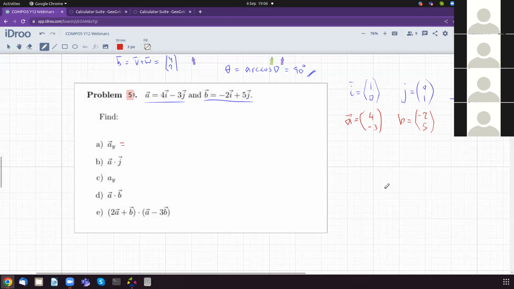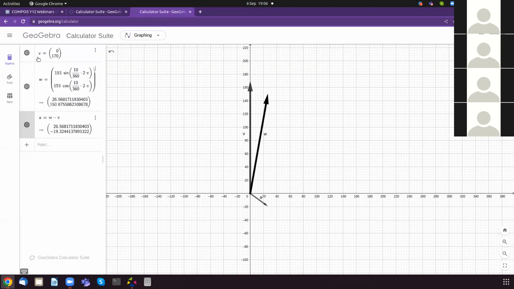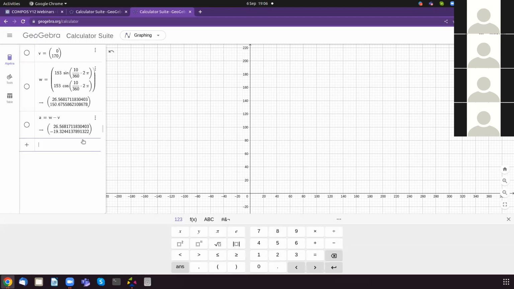So if you have vector A, 4, minus 3, let's do it here. A is 4, minus 3, and draw this vector.